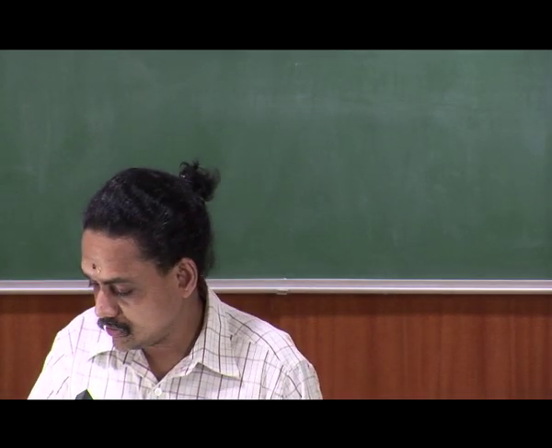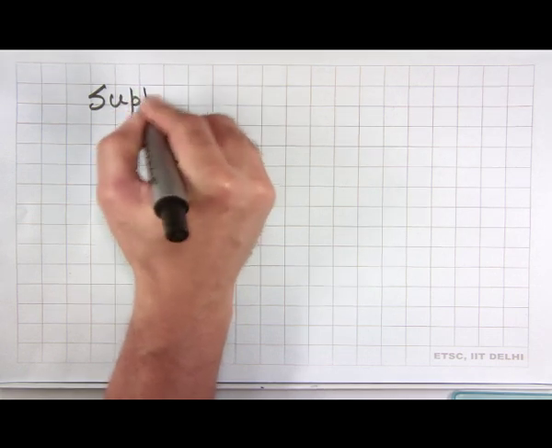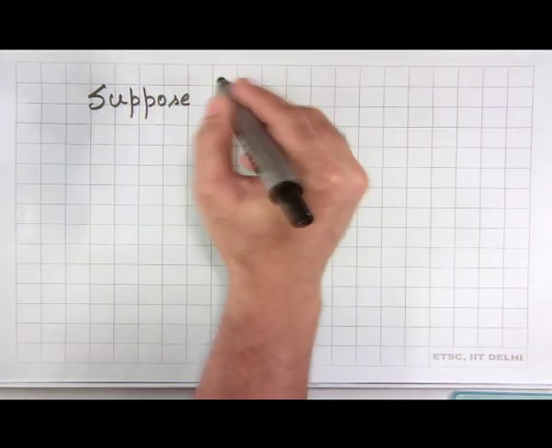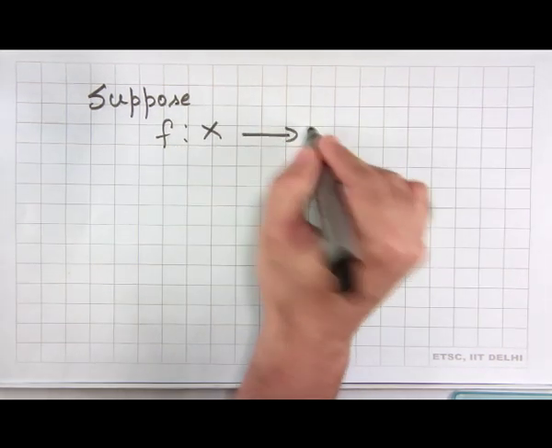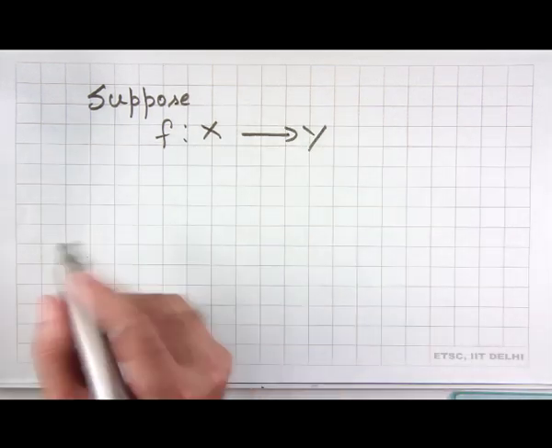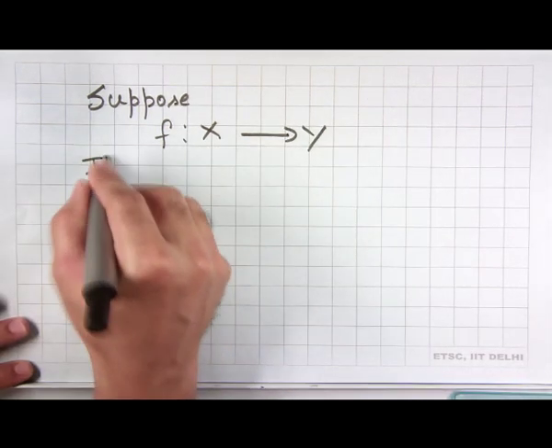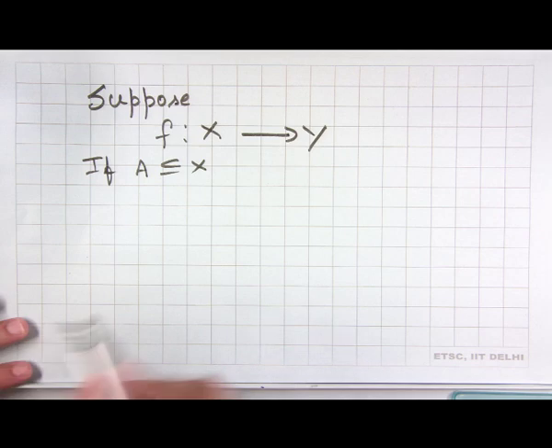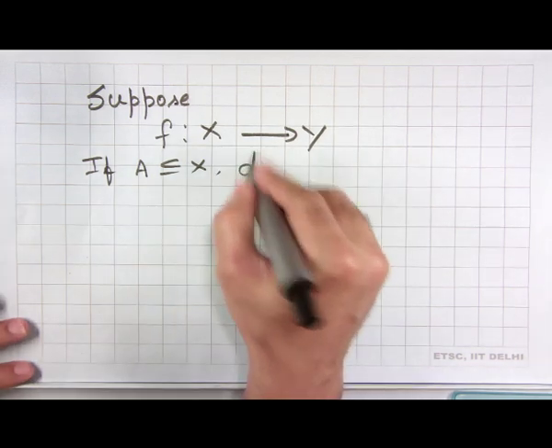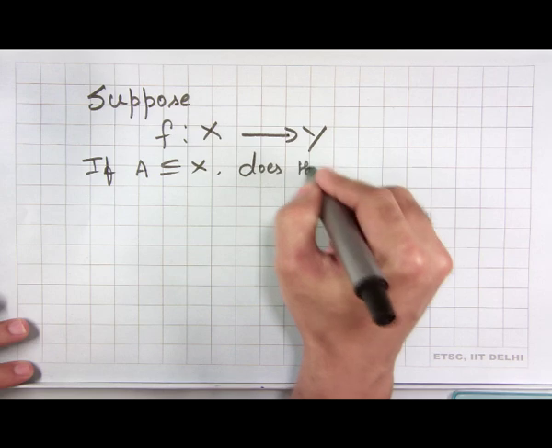Now, suppose you have a function f from a set X to a set Y. If you have a subset A of X, now the question is, does the following hold true?